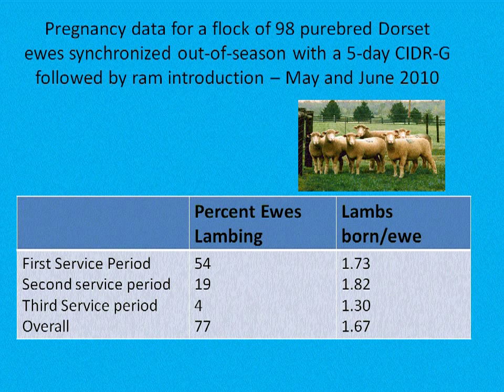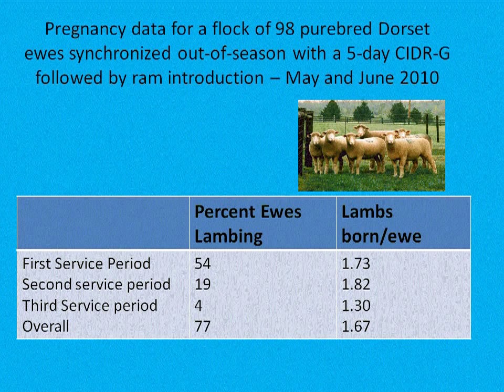Second service, 19% more, 1.82. A few stragglers of the third service period. The rams weren't pulled out as quick in that, although we recommend just using the 2 so you don't mess with those stragglers. Just save them, put them in the breeding in the fall. And we have 1.3 there, an overall average of 1.67. So that's about how West Virginia ewes perform.